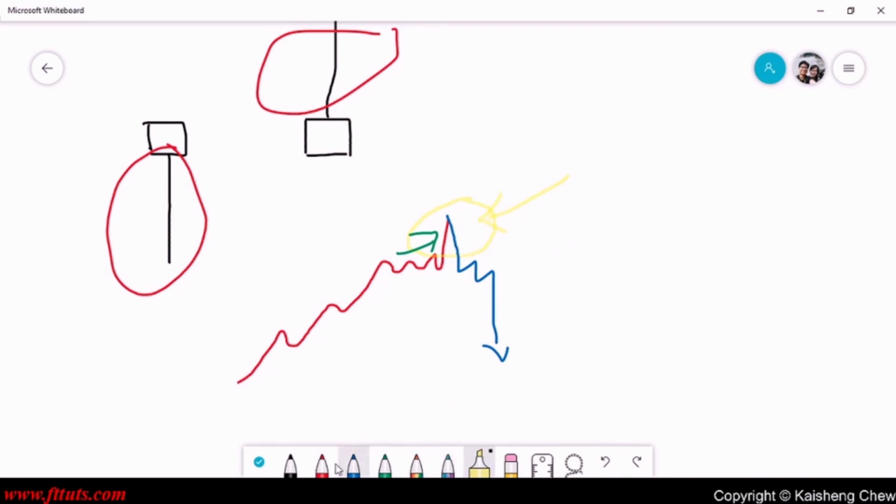When you look at the volume, it starts like this at this level, getting higher and higher. Then in some part you will notice the volume starts slowing down.